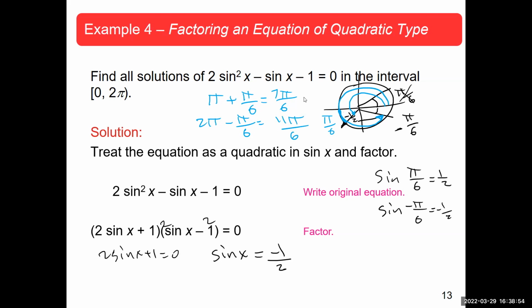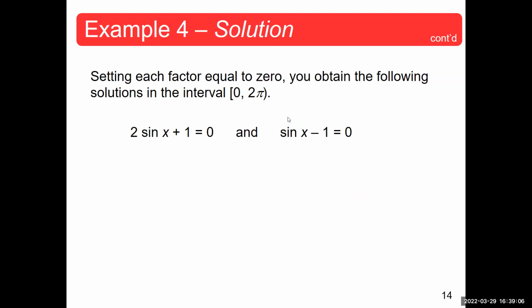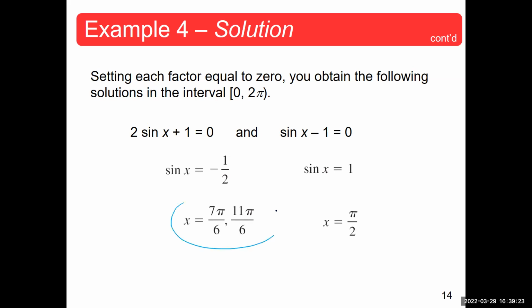Now you can add 2n pi to each one, and you get the solution for the first one. So here we go. That's the solution. That's what we found out, right? We said 7 pi over 6 and 11 pi over 6.